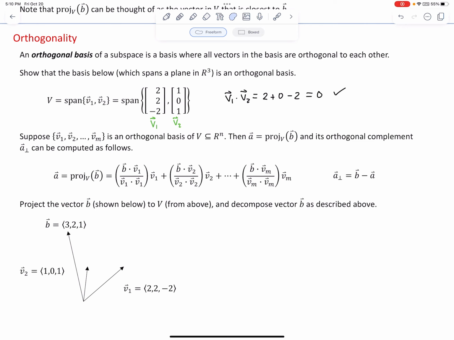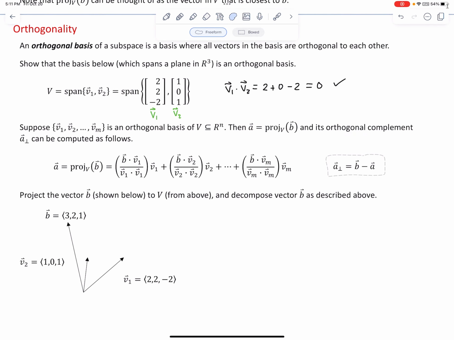So the formula that we're already familiar with generalizes, and we basically do the exact same calculation, but we do it for every vector that's in this orthogonal basis up until we get through all of them. And we add all those results together, and that's how we can construct this projection vector that we're calling A, or in more formal notation, the projection of vector B onto vector space V. And then we'll find the orthogonal vector by just simply doing vector B minus vector A once vector A is calculated.